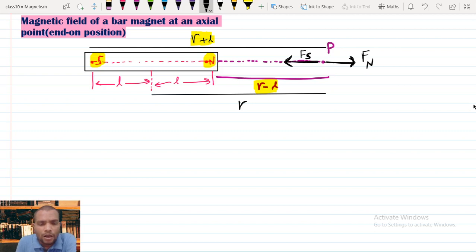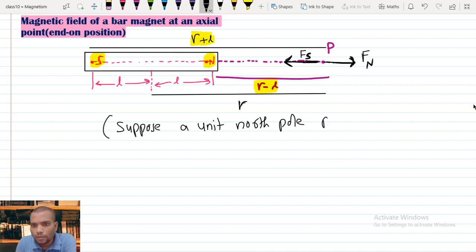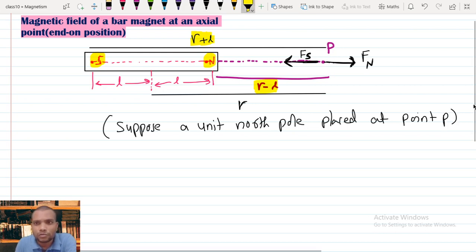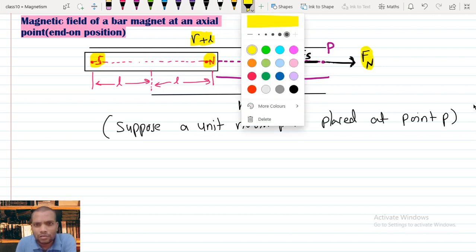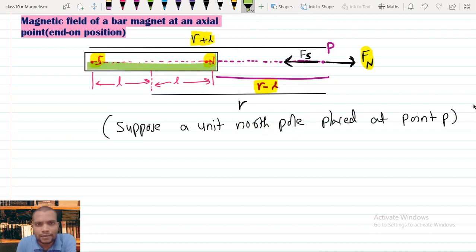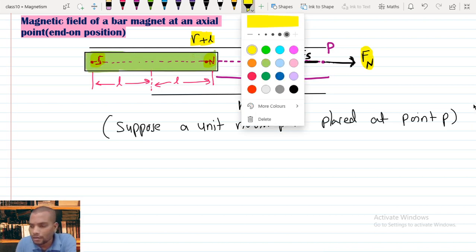Suppose a unit north pole is placed at point P, at location P. So with this unit north pole, the north pole of the bar magnet repels it, and the south pole of the bar magnet attracts it. I think now you got that meaning. Yeah, let's go ahead.